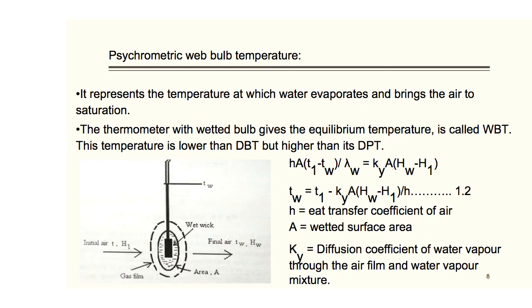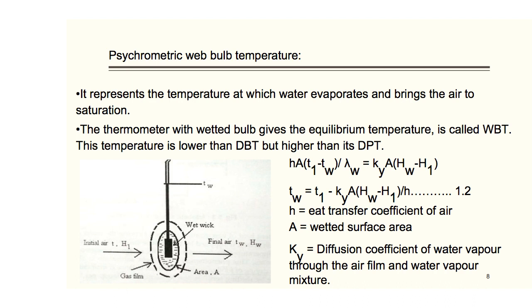So next is the psychrometric wet bulb temperature. What happens in adiabatic wet bulb temperature? We need a long pipe to make the air completely saturated, right? So here we have a solution for that. The bulb of a thermometer is covered with a wet cloth, and moving air is passed through this wet cloth and leaves at some higher humidity ratio, right?